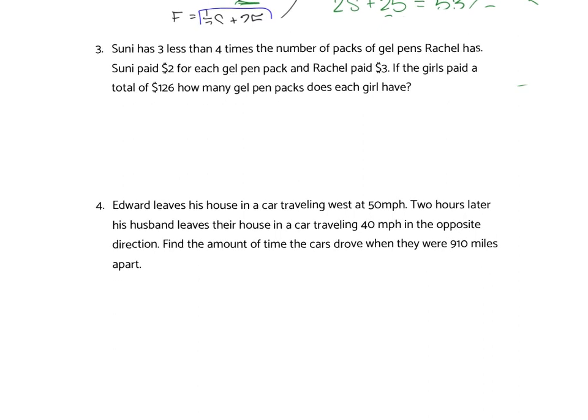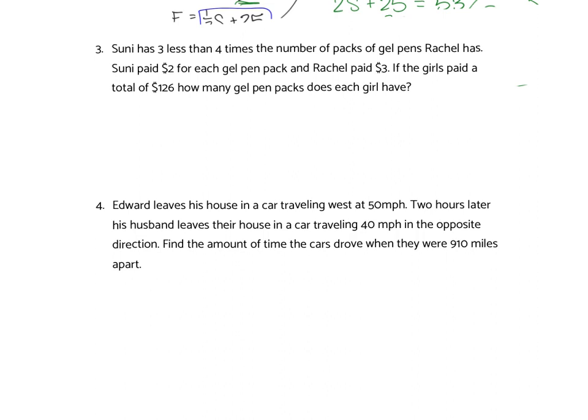Okay, for the third problem: Suni has 3 less than 4 times the number of packets of gel pens, I love gel pens, that Rachel has. Suni pays $2 for each gel pen pack, and Rachel pays $3 for each pack. If the girls paid a total of $126, how many gel pen packs does each girl have?